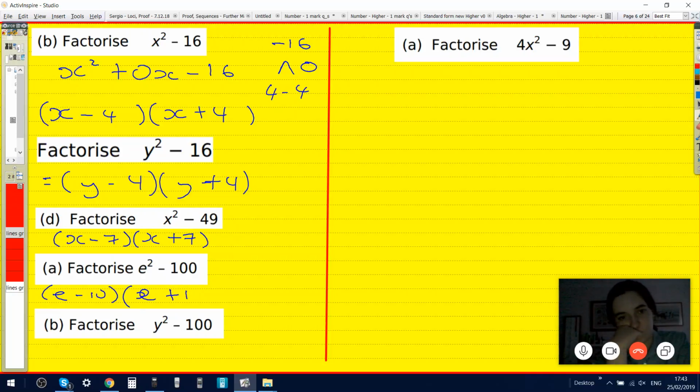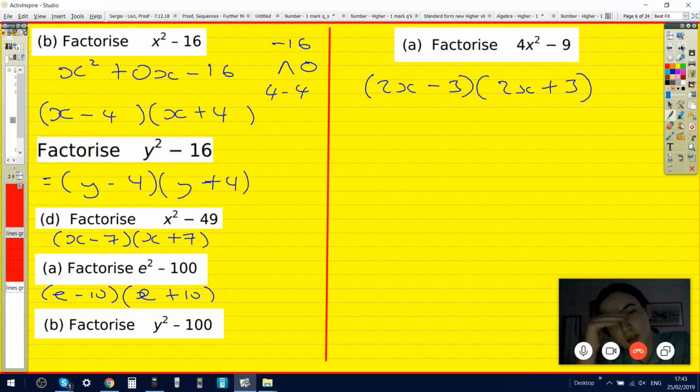And top right. 2x minus 3, 2x plus 3. Well done. Any questions there? Nope.